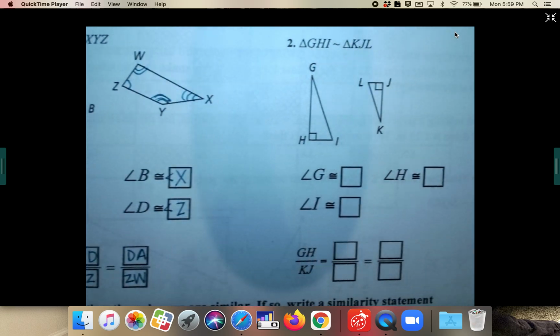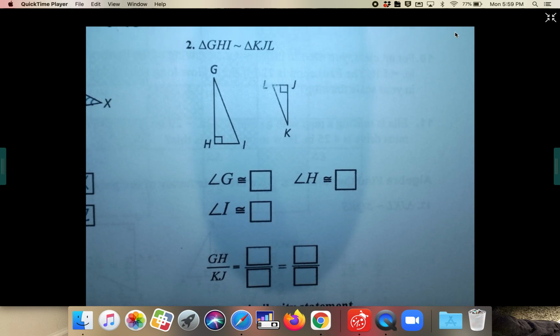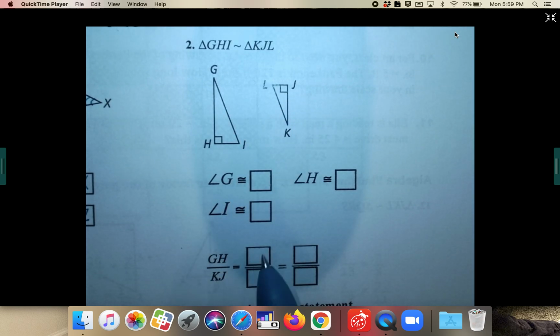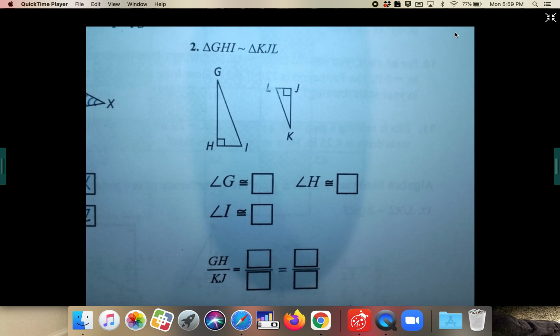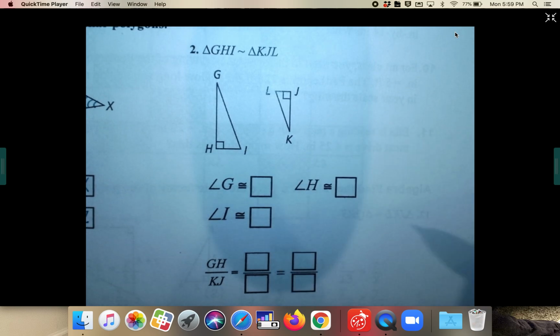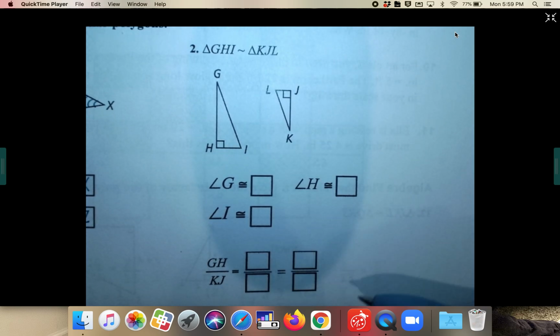Okay, so let's look at the second one and make sure that that all made sense. So the angle measures are the same, but the side lengths are similar. They have a ratio, they have a scale factor. So angle G would be congruent to, you know what? You should pause the video and try these on your own and then push play again and make sure you got them all right.